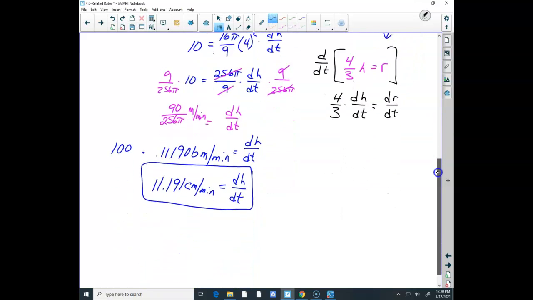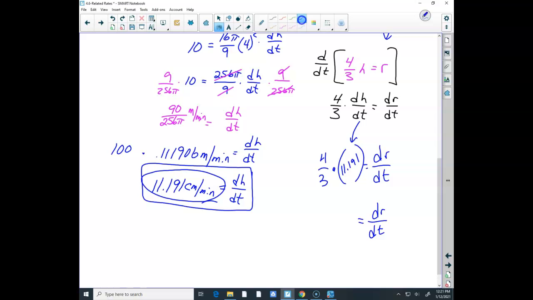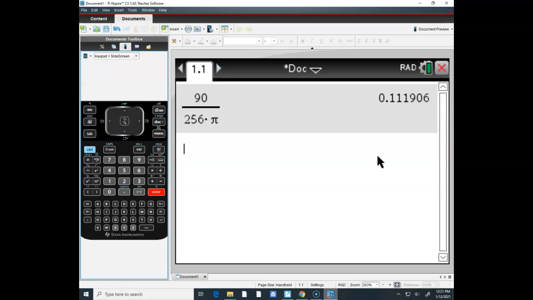So I'm just going to come back here, and I'm going to say dr dt equals 4/3 times my dH dt, which I already know is 11.191 centimeters per minute. So dr dt actually is going to equal, so I already have this decimal locked and loaded in my calculator. Even if I go times 100, okay, 100.